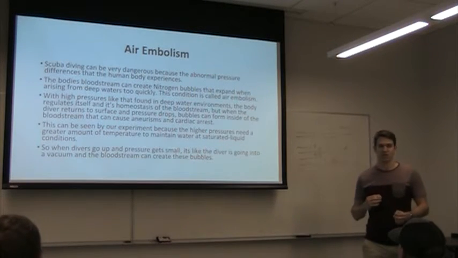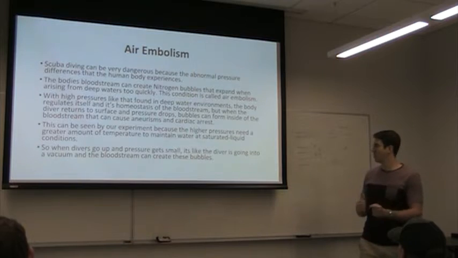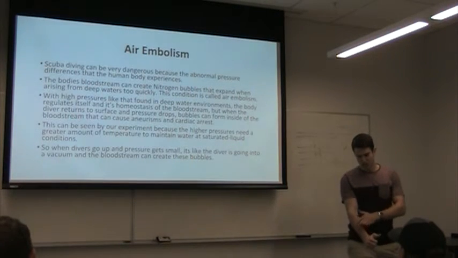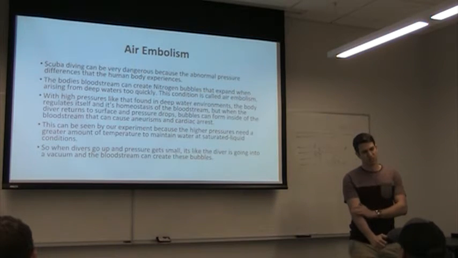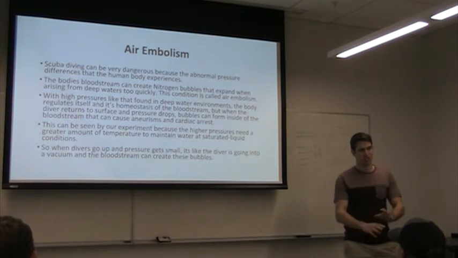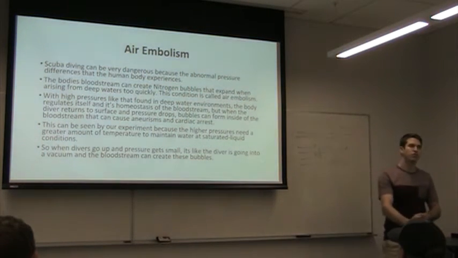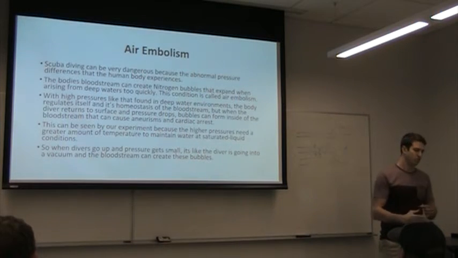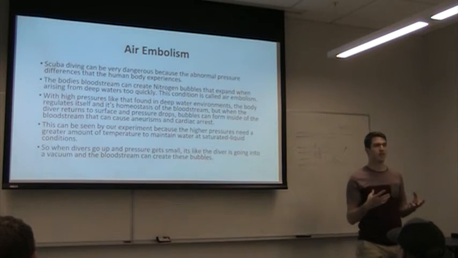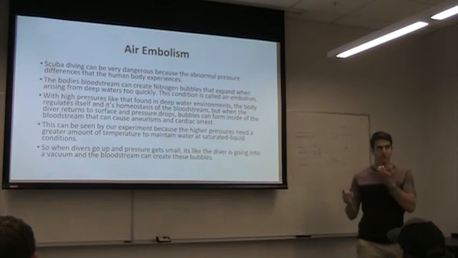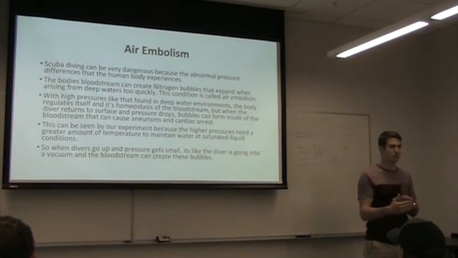So when you get into that stabilization, like 40 meters underwater, your bloodstream has nitrogen bubbles, which equalize. But when you go up too fast, you have to be careful because those nitrogen bubbles expand, because similar to this, the boiling point was much lower.